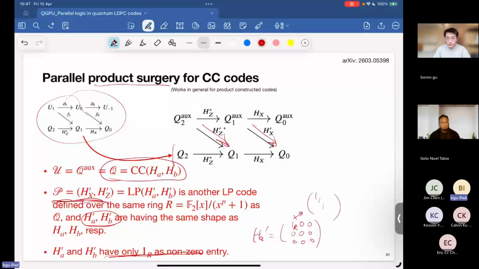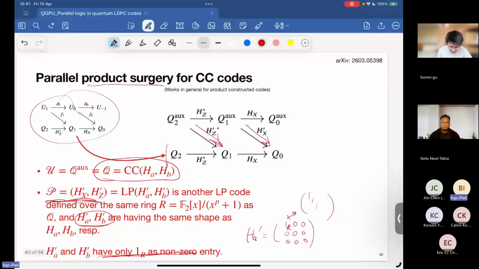And the reason that we want these constraints is less straightforward. It's very much mixed with the structure of the logical operator basis, but it can be illustrated with an example later on.